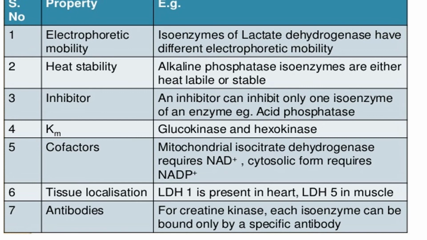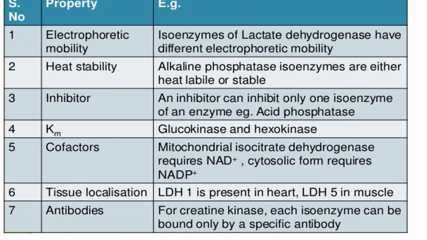Then as far as the cofactors are concerned, isocitrate dehydrogenase is an enzyme which is present in the mitochondria as well as in the cytosol. When it is functional in the mitochondria, its coenzyme is NAD. But when it works on the cytosolic side, it requires NADP.